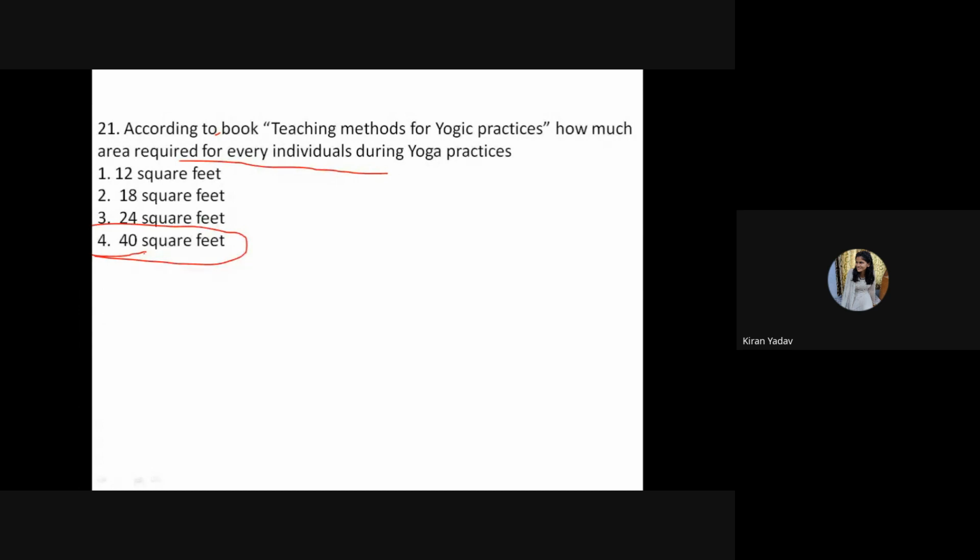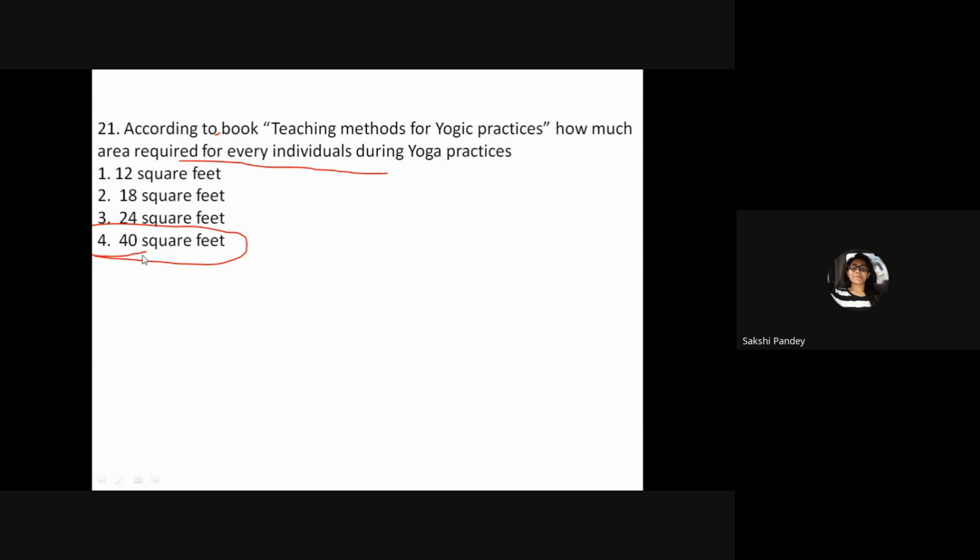Project method. What's the purpose of project method? The teacher asks them to practice what they have learned in the class.